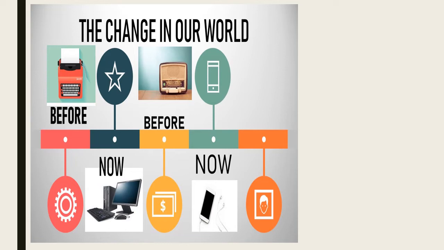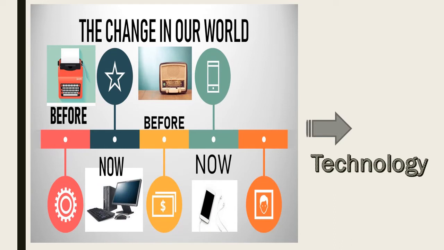However, nowadays we have the desktop or the laptop, we have the smartphone with the earphones, etc. All of these changes have been made possible just by one important thing, which is technology. So our unit is about technology and technological developments that have changed our world greatly.